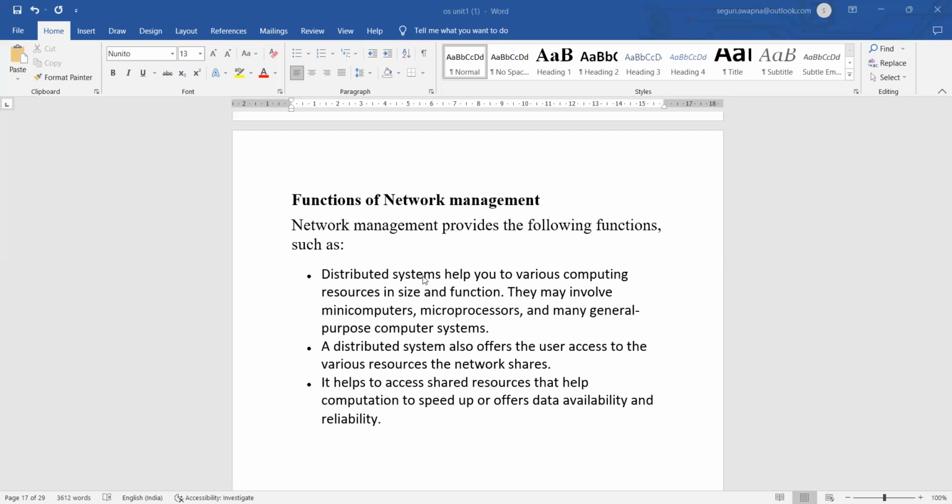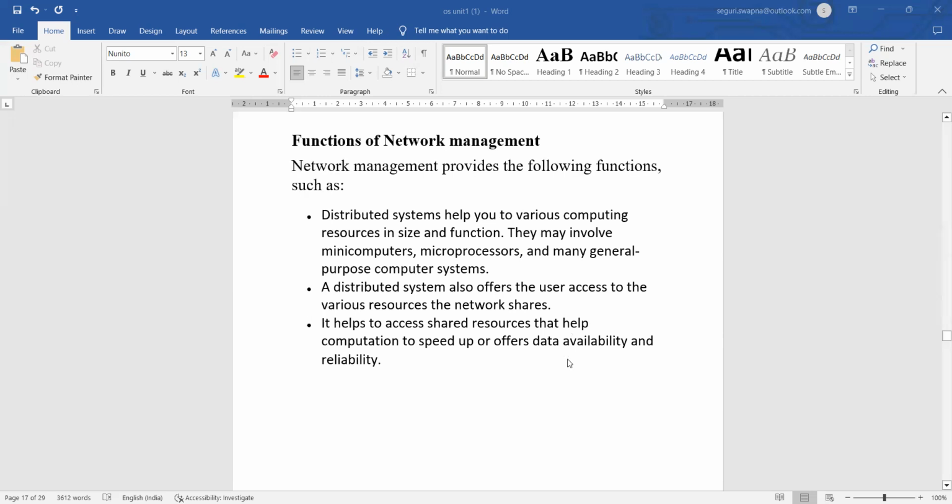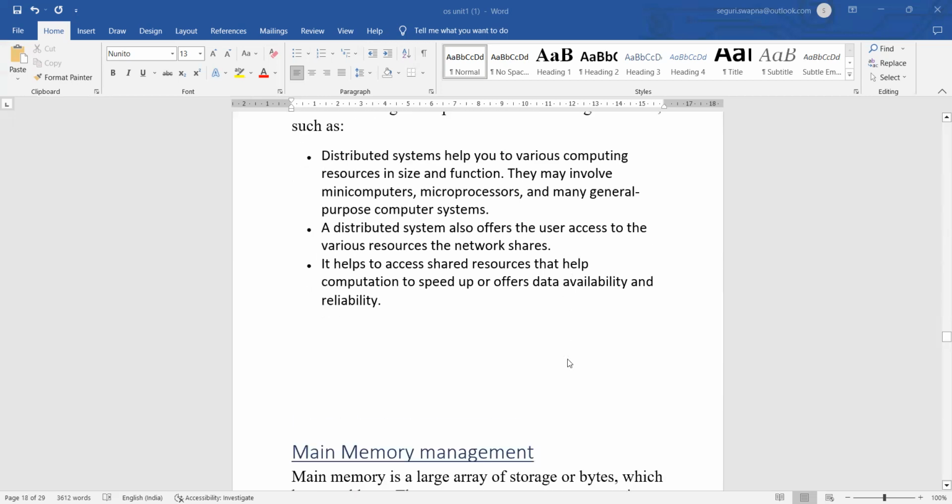All these are managed and maintained with the help of this network management. Next, a distributed system also offers the user access to various resources in the network share. It keeps shared resources compatible with other systems or resources which are available in the network.